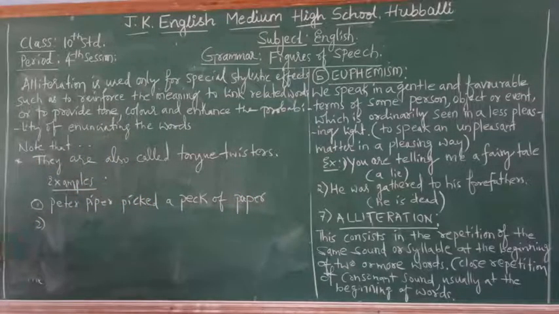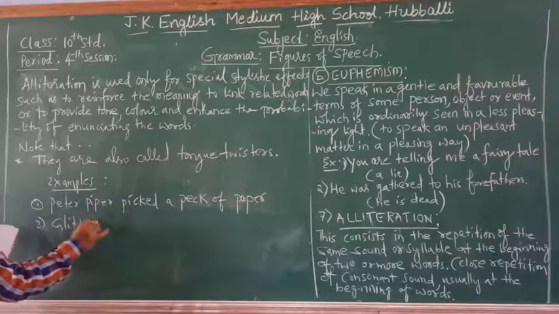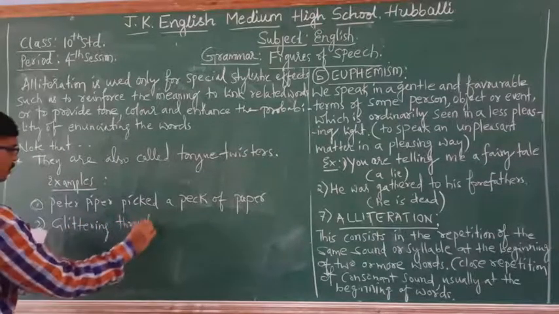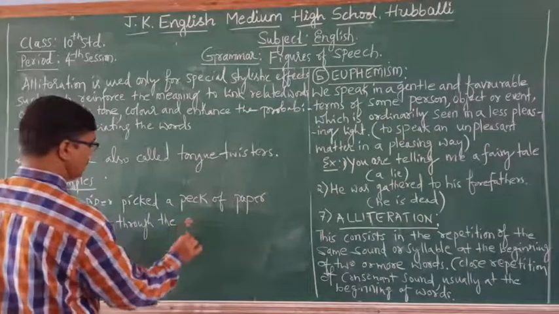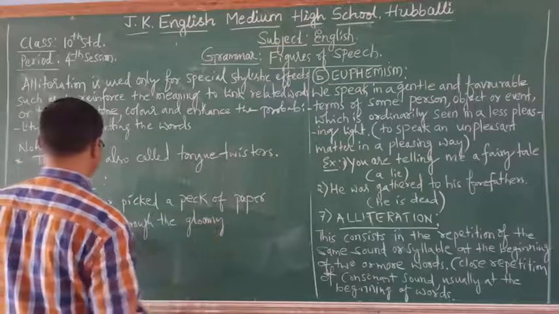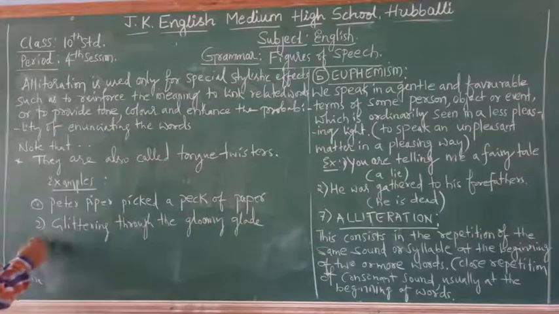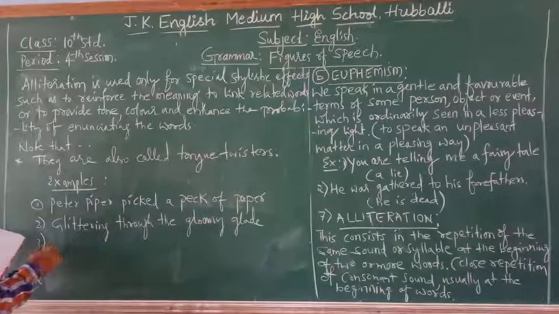Second example: glittering through the gloomy glades. The G sound, it will be a syllable, it will be a sound. It is going to repeat. That is called alliteration.